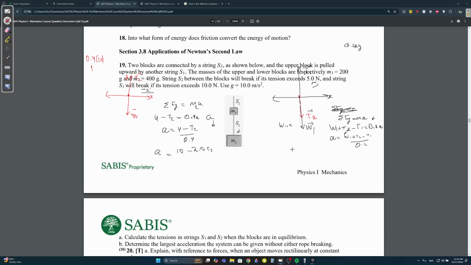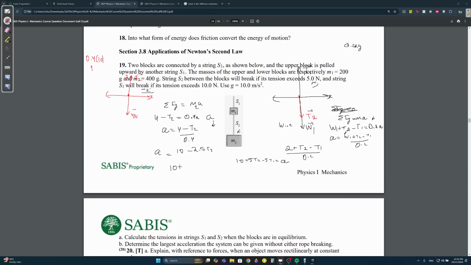So here I'm going to put 2 plus T2 minus T1 over 0.2. Again, make your life easy: 2 divided by 0.2 is 10, T2 over 0.2 is 5 T2, and minus 5 T1 equals A.